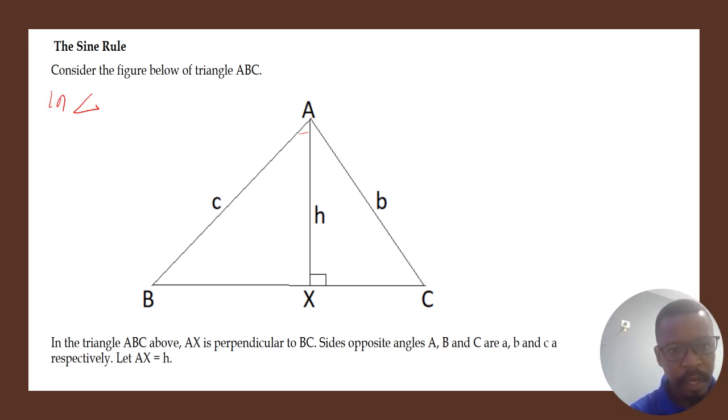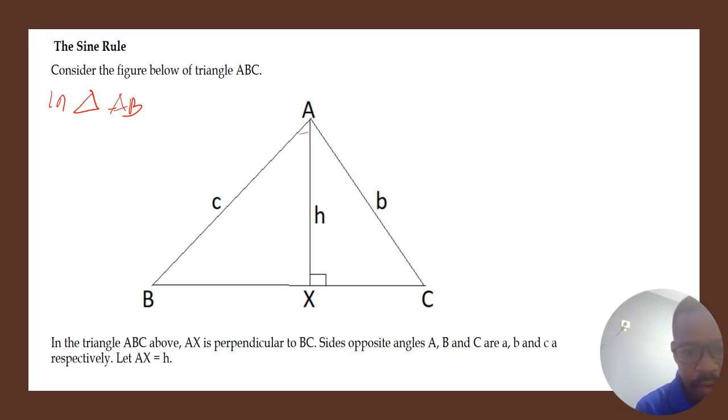So we're going to say in triangle ABC, sine B. Let's use ABX, not ABC, sorry. Let's consider this small triangle ABX first.